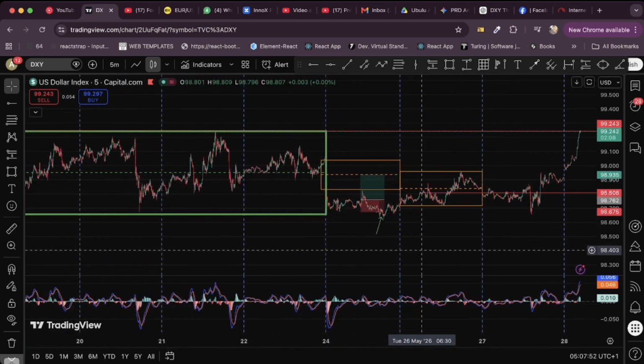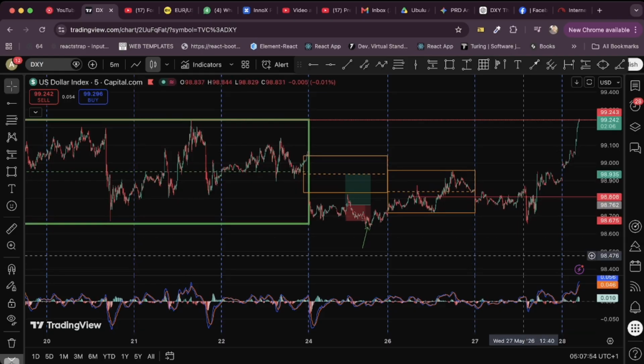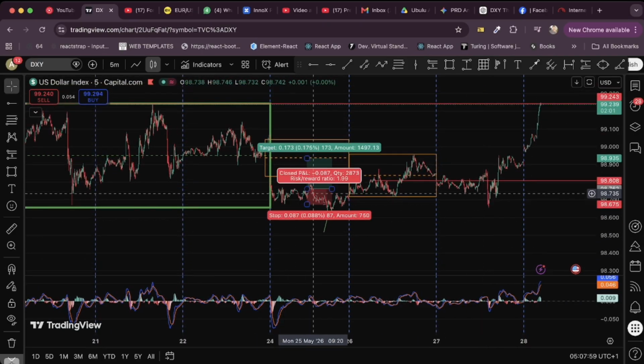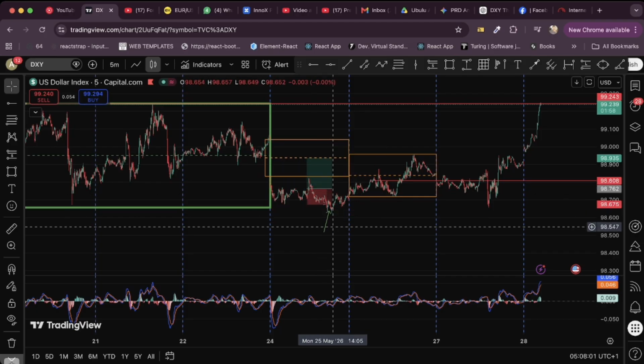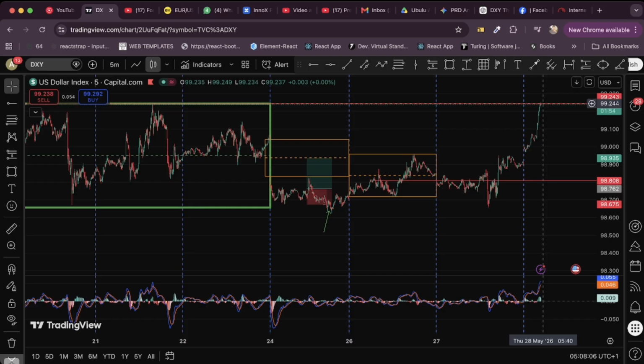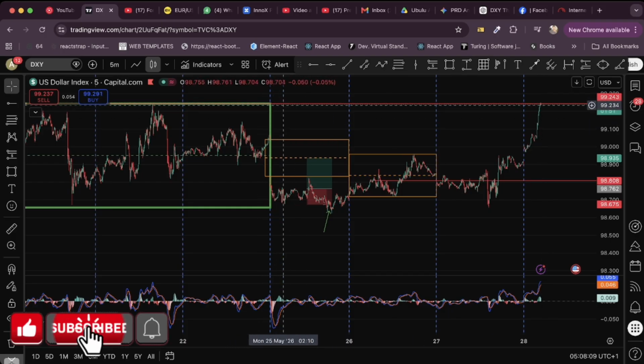And remember, I told you guys on Monday, at the time price was trading at that low, I said price is going to, of course, manipulate down, and after that manipulation downwards, price is going to go back to fill up all that accumulation.